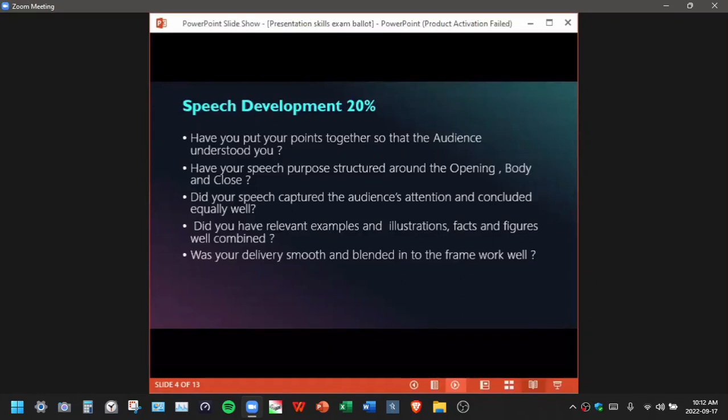Which means whether you have a good structure in your presentation, and whether you get attention from the audience. So, an attention-grabbing opening, body and conclusion.